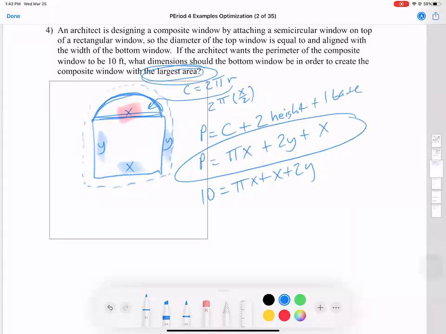So we want to find the largest area. Largest area means we're going to have to take the derivative of area. So the area equation here is half a circle, pi r squared over 2, plus x times y.